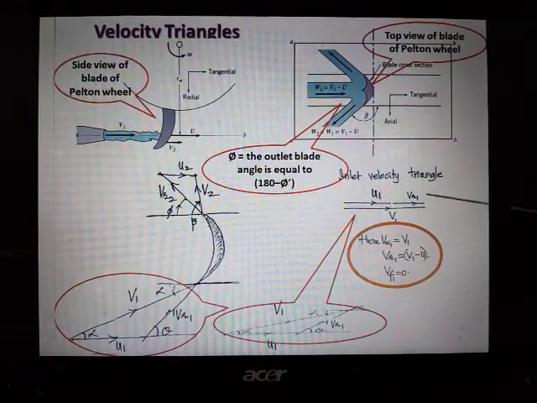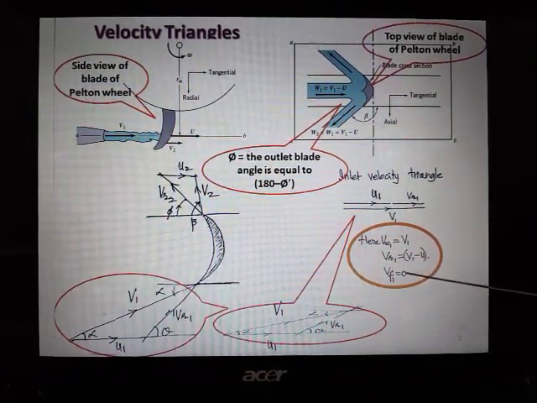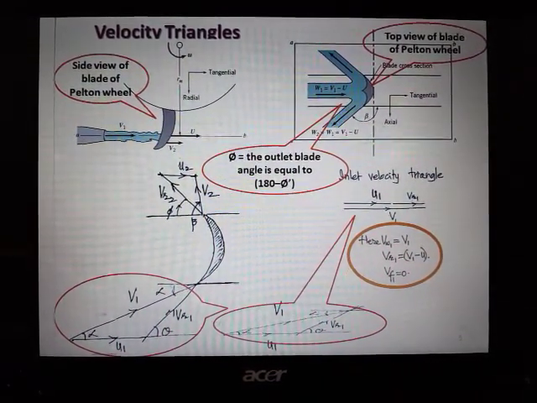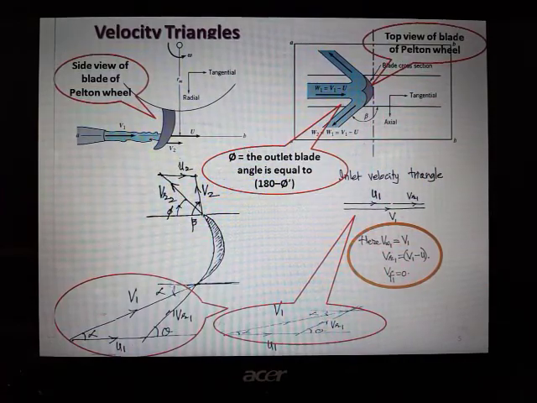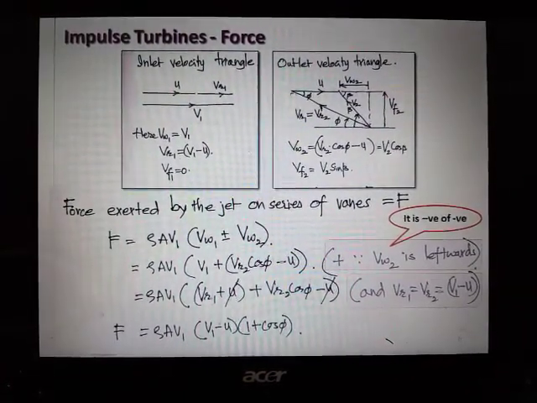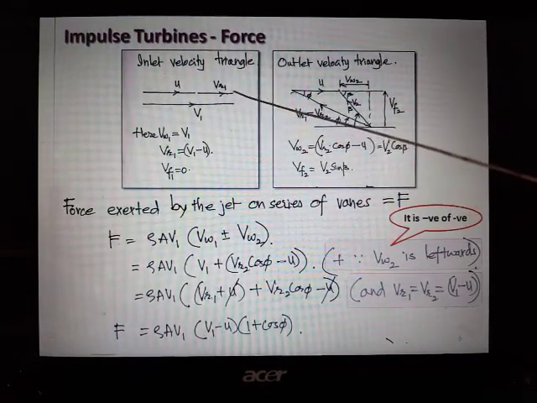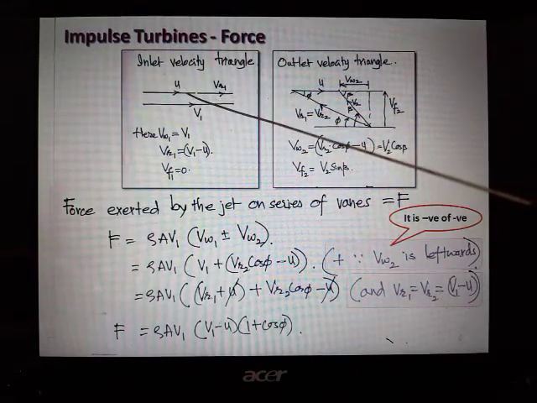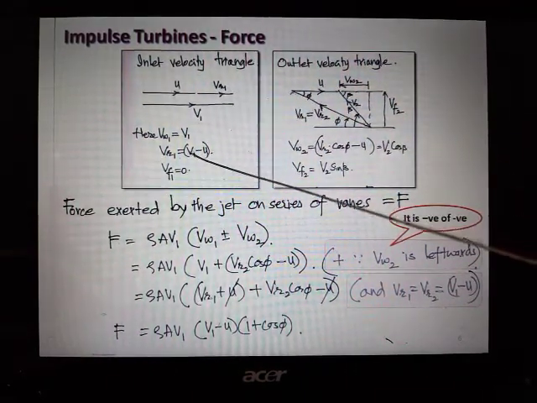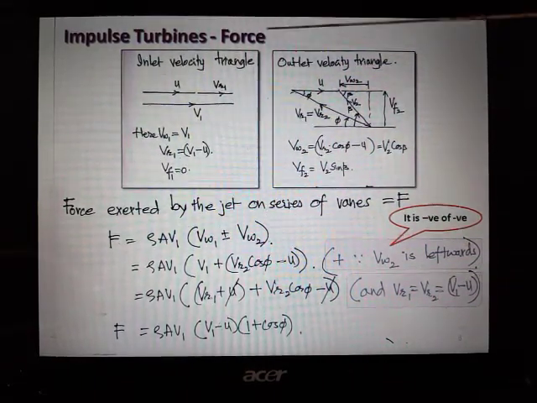Velocity of flow is perpendicular to v1, vw1, so that is 0 here. That is what has to be appreciated here. So here the inlet velocity triangle becomes just a straight line with v1 equal to u plus vr1, or vr1 equal to v1 minus u. vw1 will be equal to the full value of v1, vf1 is 0.